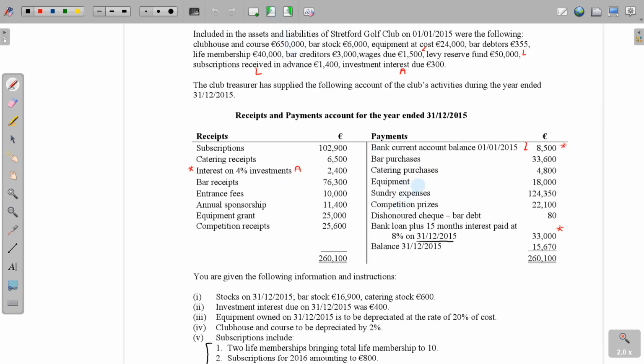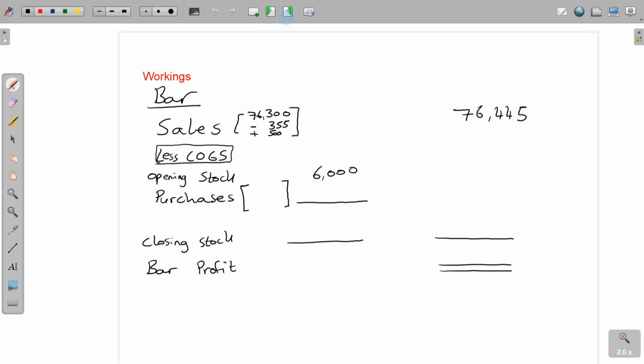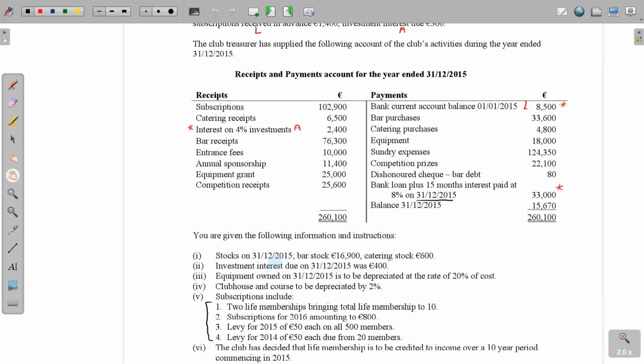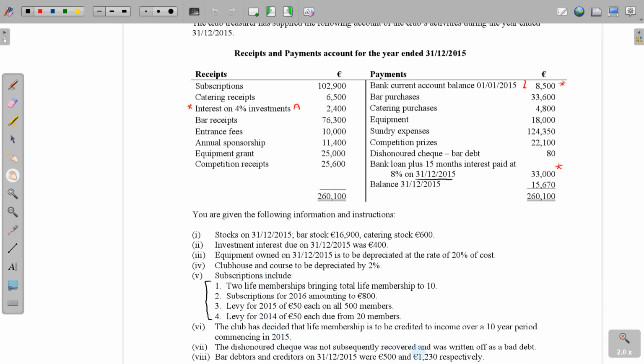So we have 33,600. We take away opening, we add closing. Our opening was 3,000. Our closing was 1,230.